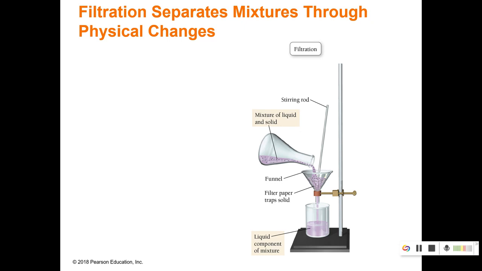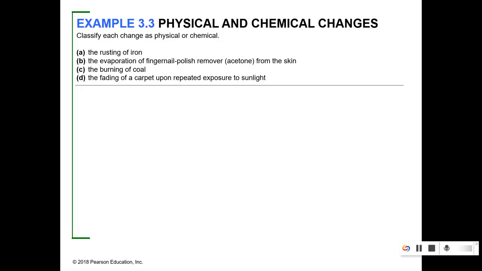Depending on how small your filter paper is, it will trap the solid particles. Then you've got the liquid component in the beaker and your solid components on your filter. Then normally you dry it either by just waiting for it to dry, or we can heat it in the oven, or we can use vacuum filtration, which will suck all the water, or the liquid, down, and then it'll dry faster.